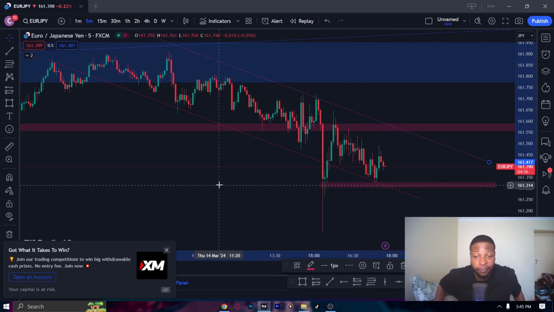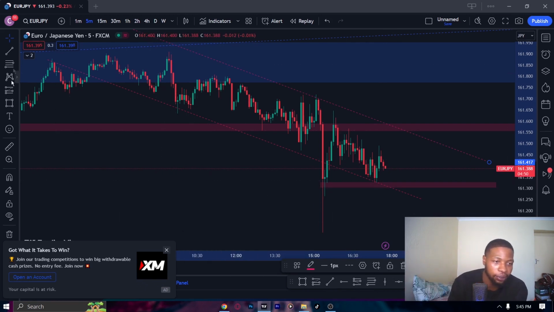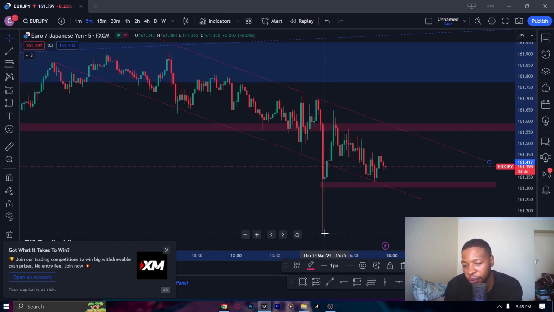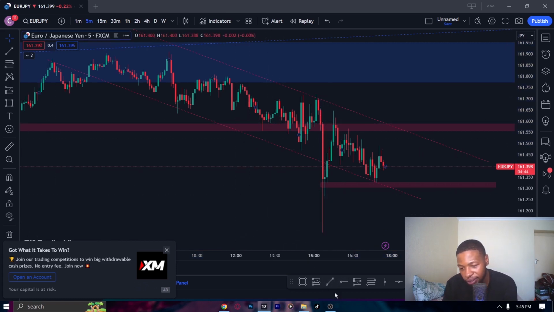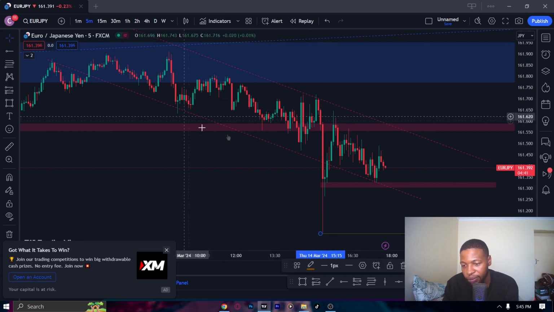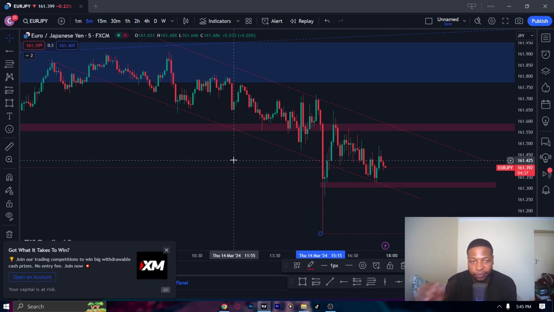So this is what we have right now. We're waiting for two things to enter this trade. We're waiting for price to break this level. Let me change this color, because I'm in a 5 minute time frame.